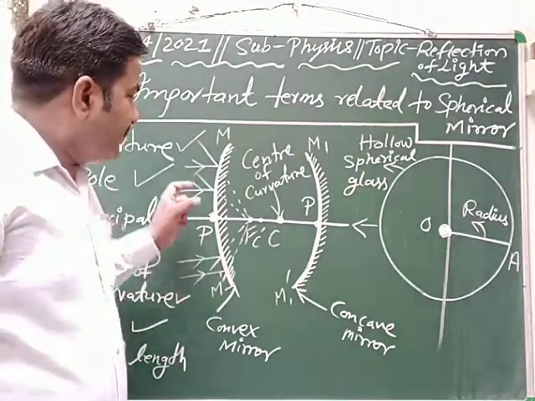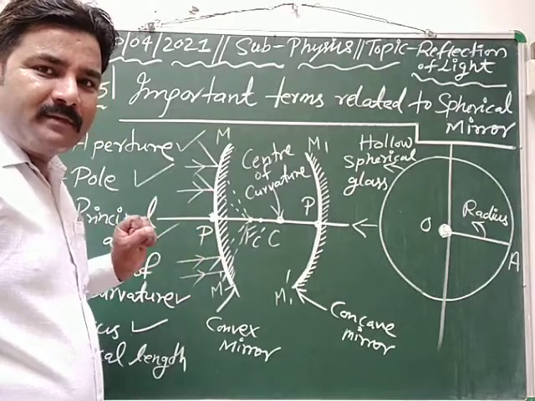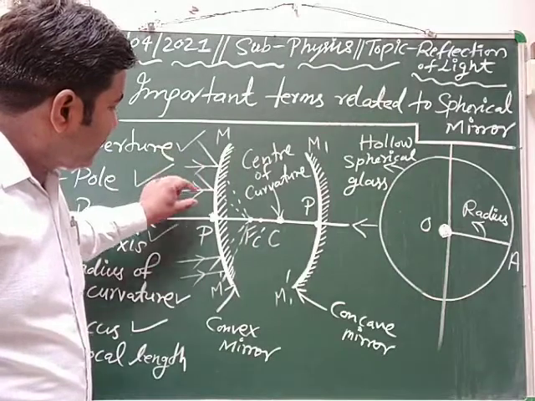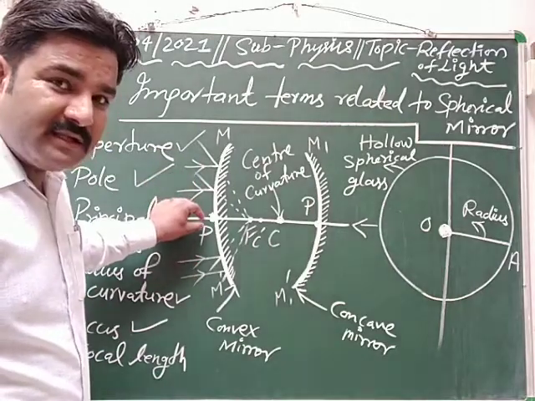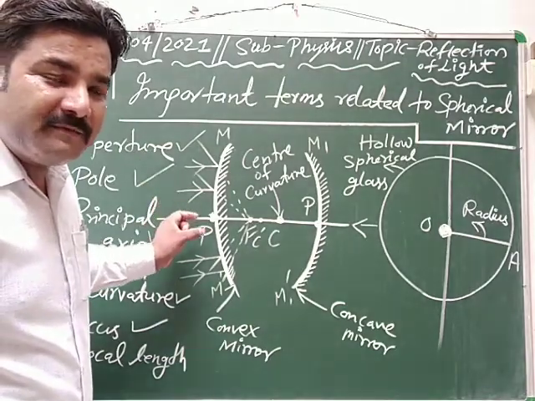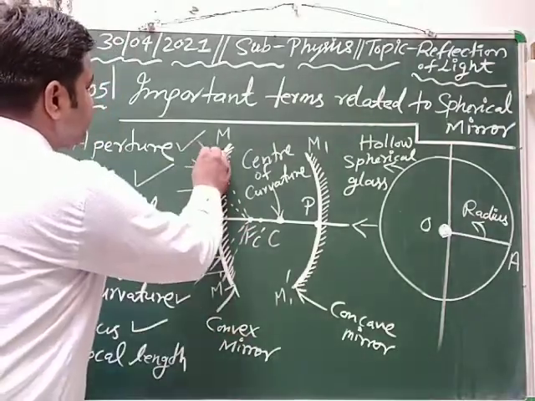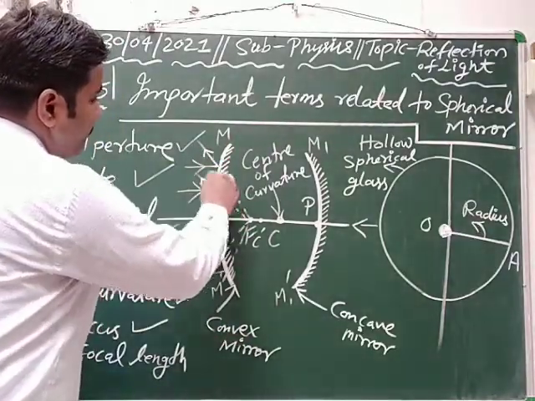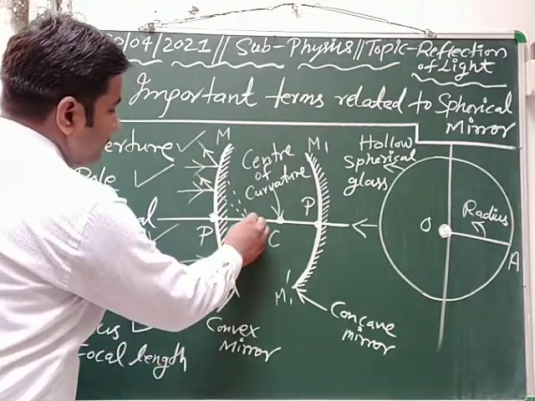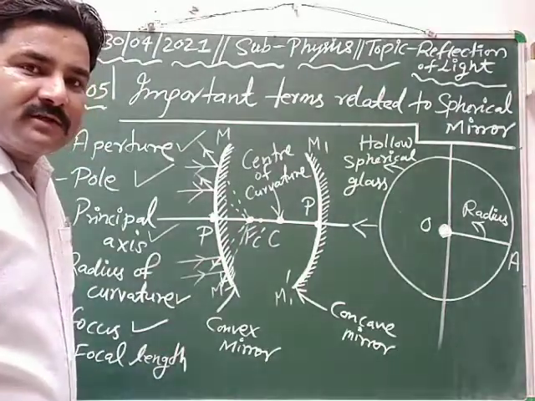Listen again. When all the rays parallel to the principal axis are reflected from a convex mirror, they appear to come from a fixed point, in this direction, from this point F. And this point F is the focus.